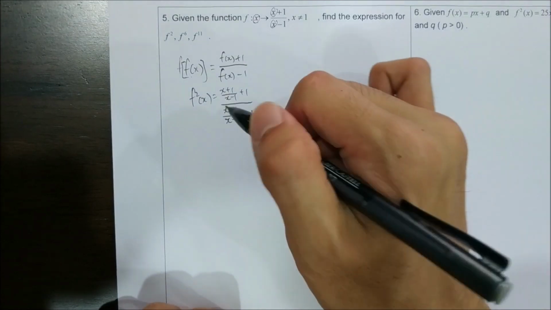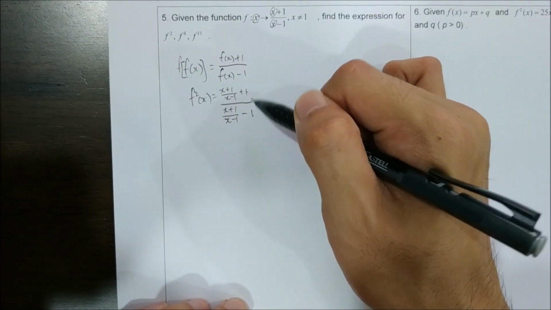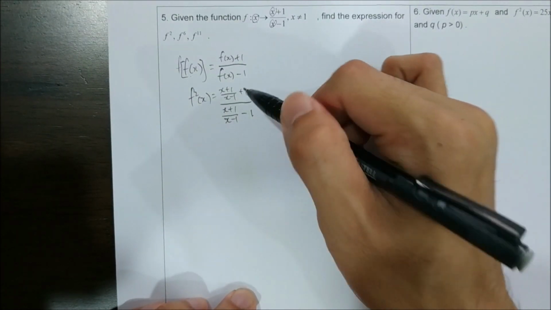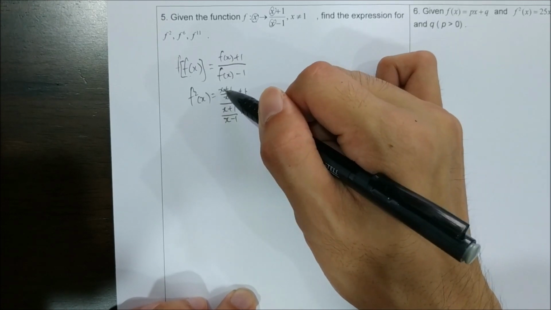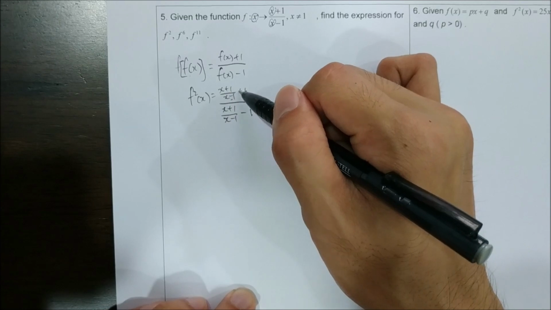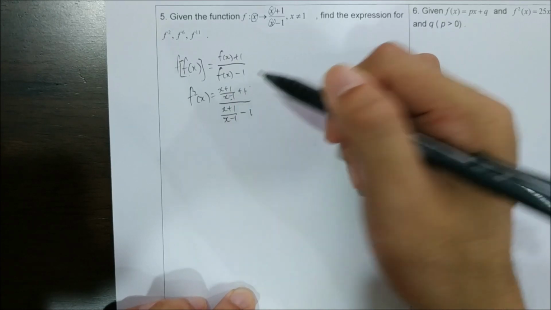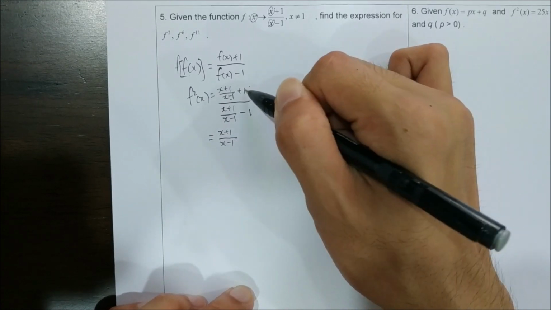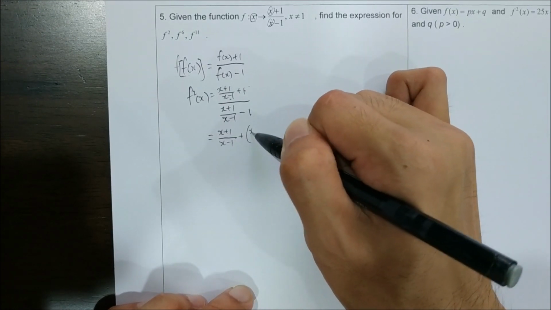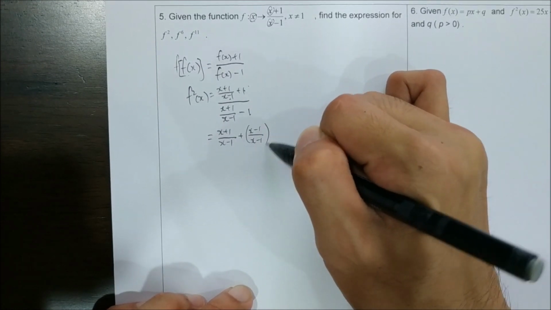Okay, so to solve this, since 1 is not a fraction, we try to make it a fraction which has the same denominator as x minus 1 in order to let us add the numerator. So you have (x plus 1) over (x minus 1). The 1 here now becomes (x minus 1) over (x minus 1).